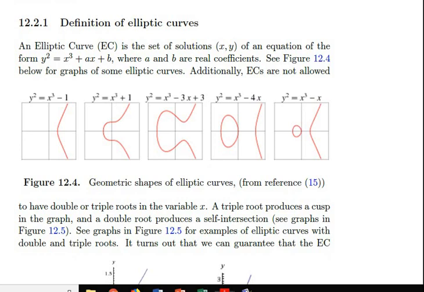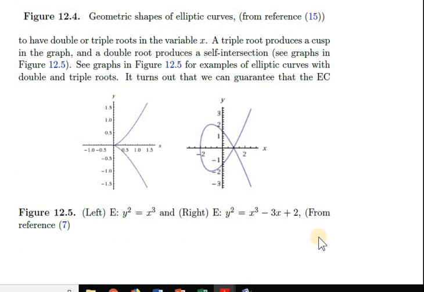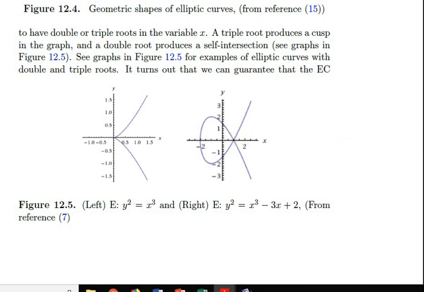Now, there are some elliptic curves that are disallowed. We don't allow elliptic curves with a cusp or with a self-intersection. And it turns out that you can identify these by properties of the coefficients.